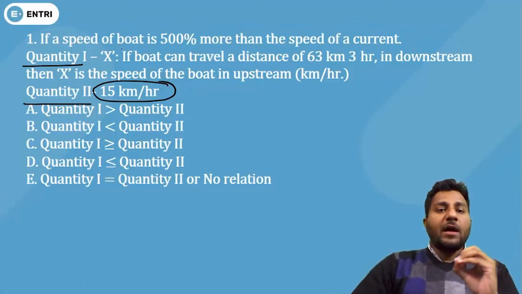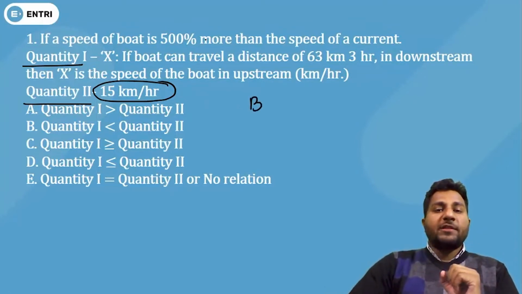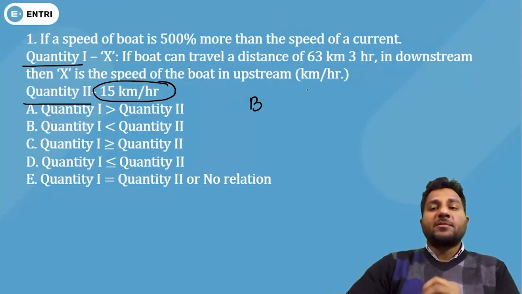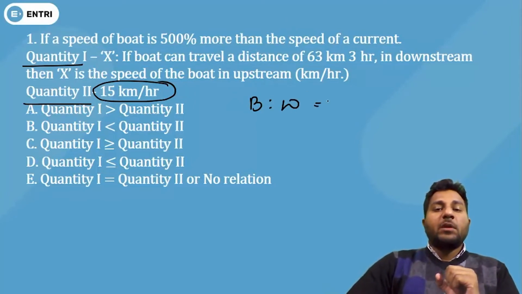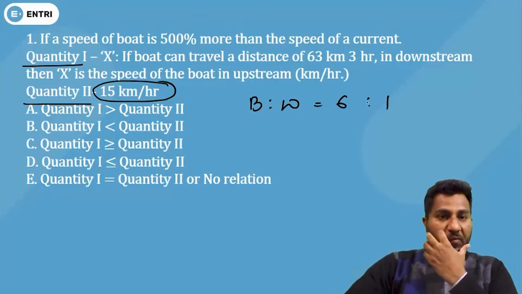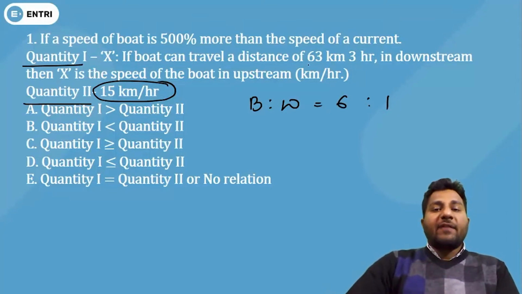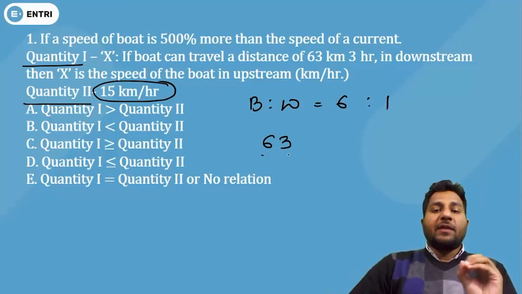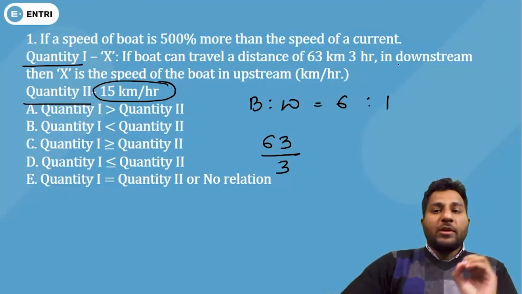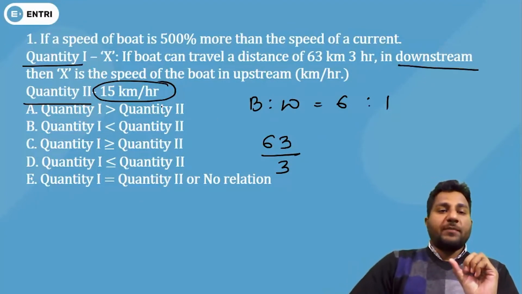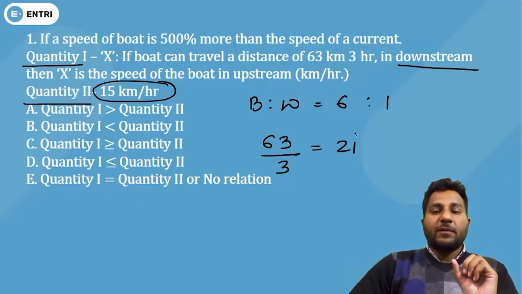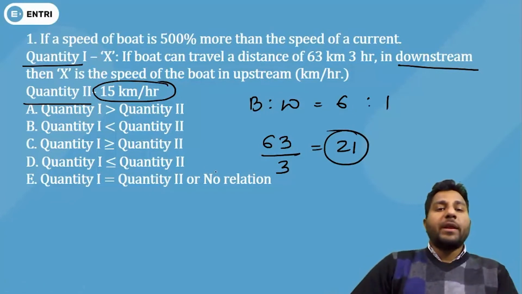If the speed of the boat is 500% more than the speed of the current, that means it will be 600% of the speed of the current, that means 6:1. If the boat can travel a distance of 63 km in 3 hours, that means the boat travels downstream, so the downstream speed must be equal to 21.